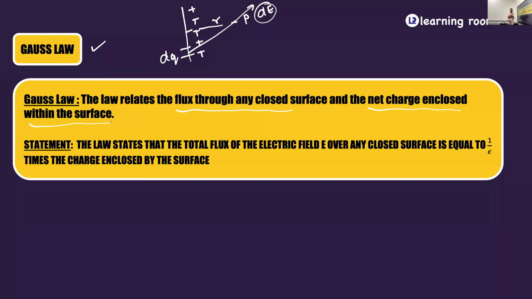It relates, but how it relates is what the statement says. The total flux generated due to the electric field will be equal to 1 divided by epsilon naught, where epsilon naught is the permittivity of free space, times the charge that is present within the closed surface.